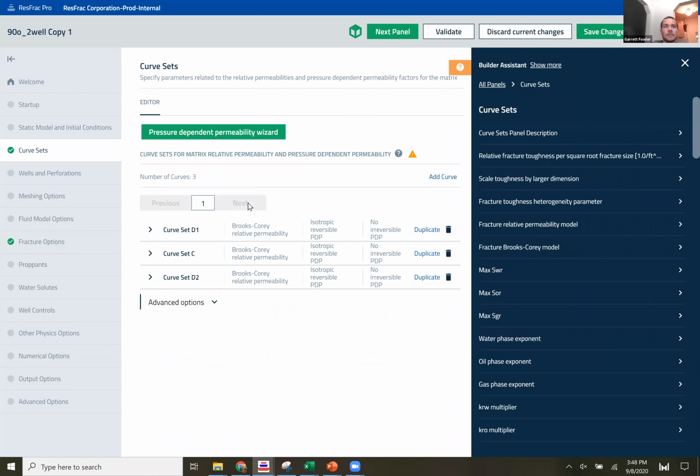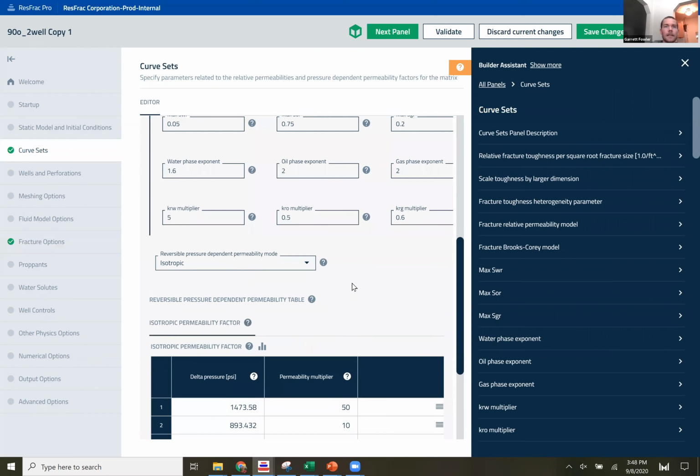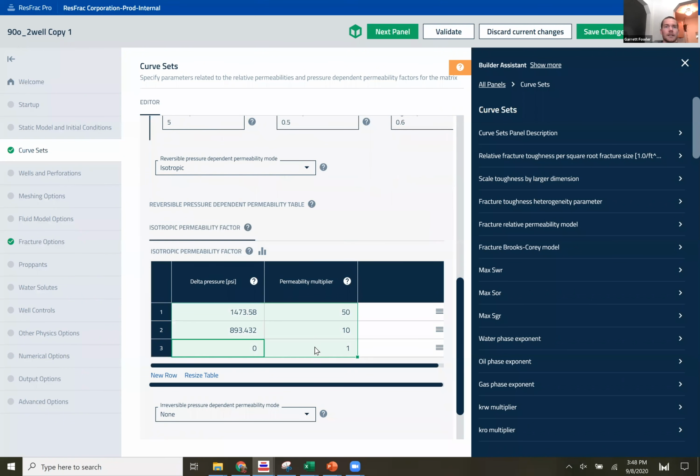And then the third parameter would be under curve sets, where we define a pressure-dependent permeability multiplier above a delta P of some threshold. And so, in this case, when the pressure in a fracture exceeds 890 psi above the original, or I'm sorry, I misspoke.